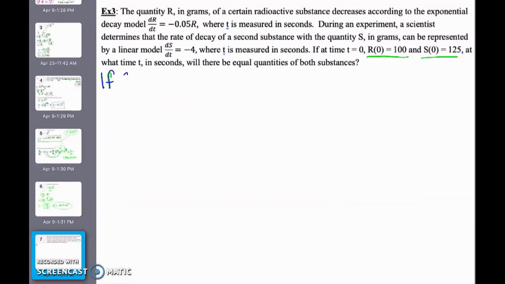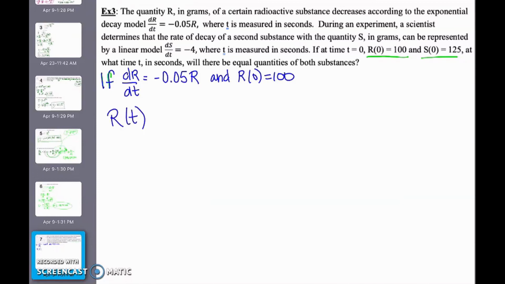So we are given that dR/dt in this problem is equal to negative 0.05 R, and we're also given the initial condition that R of 0 is equal to 100. We can go right from that information to our exponential decay model because we are smart calculus students.